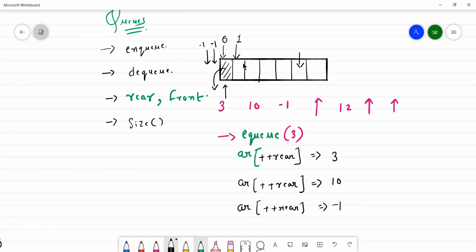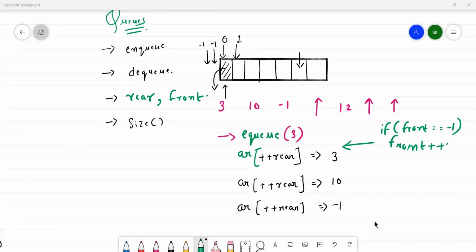For this purpose, what we do, initially when your queue is empty, like there is no element, and as soon as the first element is getting entered, at that instance, you just increase your front as front plus plus also. You check this condition: if your front is equal to -1, you just increase it.